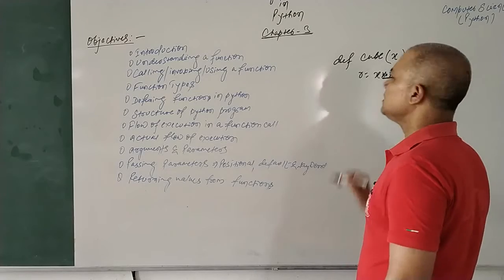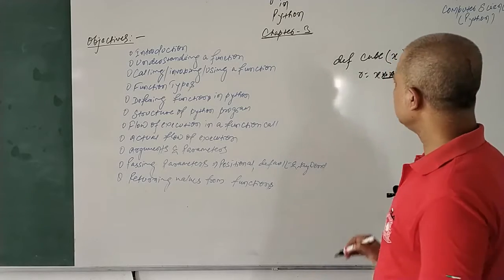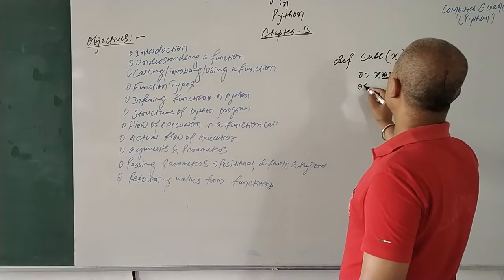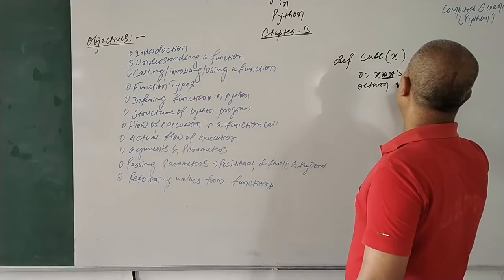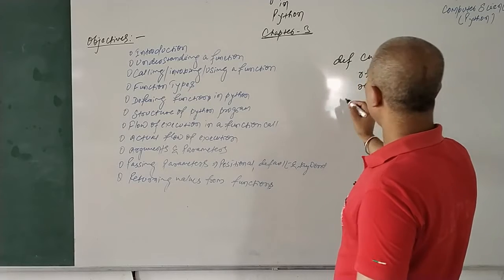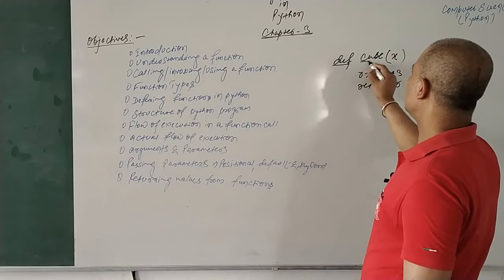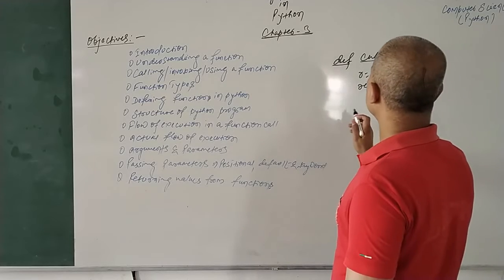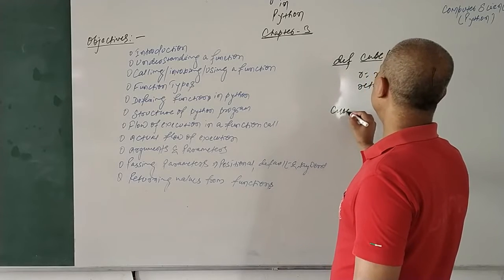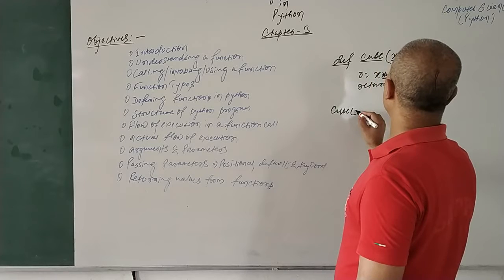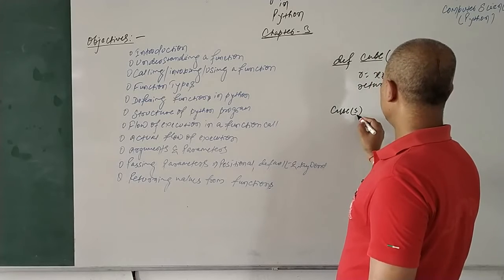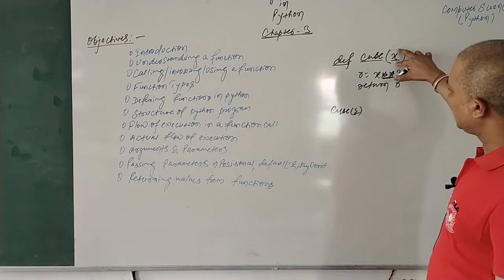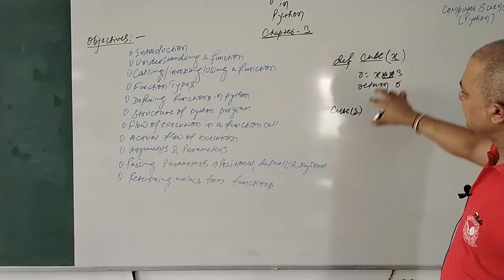This star star is the exponent operator that will raise x to the power 3, and then I say return r. This is the function body. Now def is a keyword, cube is the function name, x is a parameter. Once I call this function, I'll say cube, and inside the bracket I pass, suppose, 5. As you can understand, there is a parameter x and an argument 5.